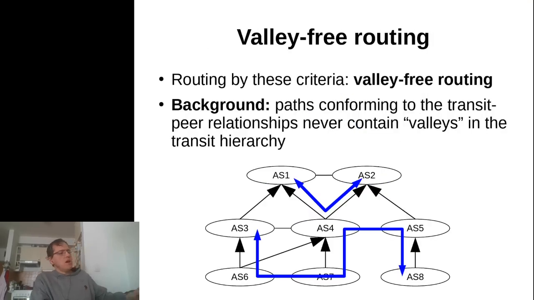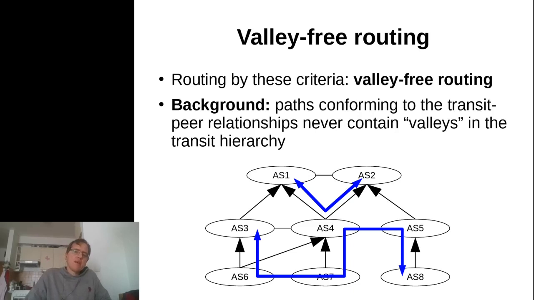If we think a little bit about the types of paths that arise in this simple model, we arrive at something which we are going to call the valley-free routing property.